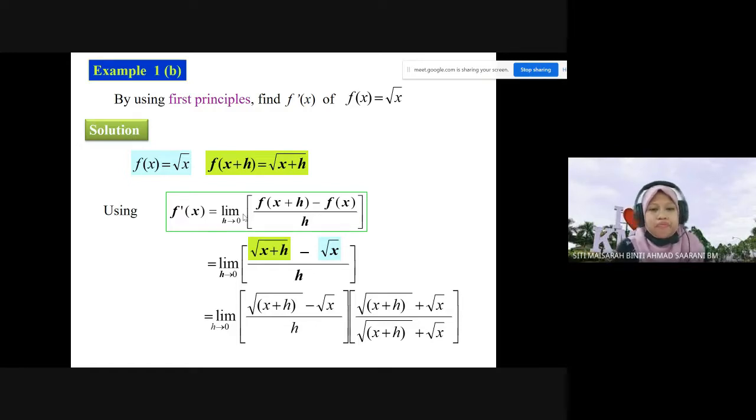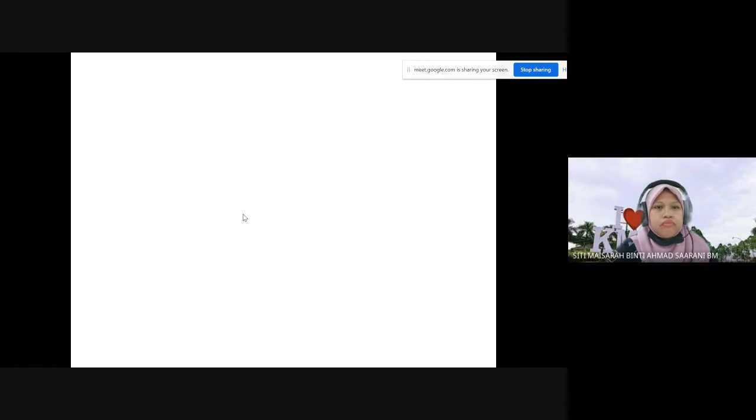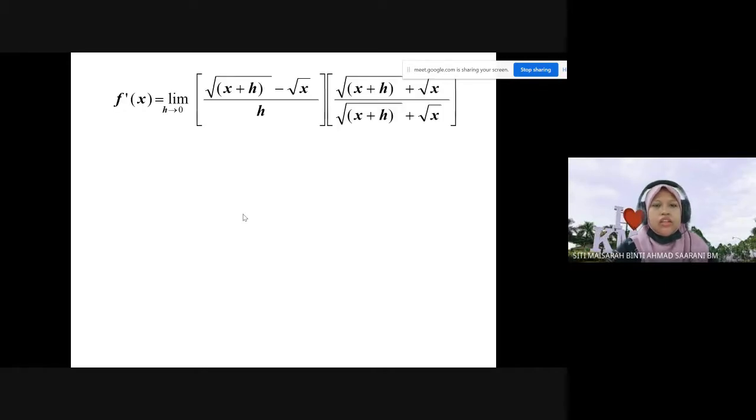So then, alright, so then kita kena expand yang atas dululah. Kita expand satu persatu. We have (√(x+h) minus √x) multiply (√(x+h) plus √x). So then awak kena expand satu persatu lah. Okay, kalau actually ini bentuk dia a minus b, a plus b.